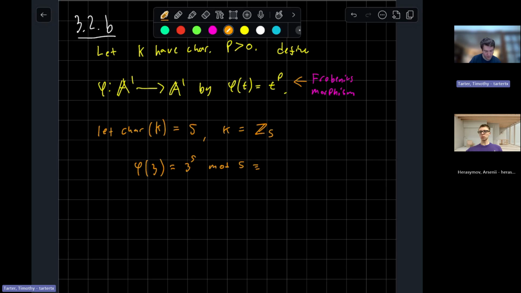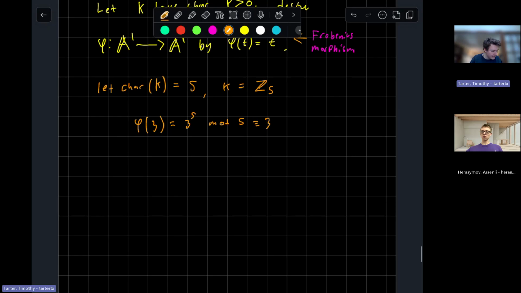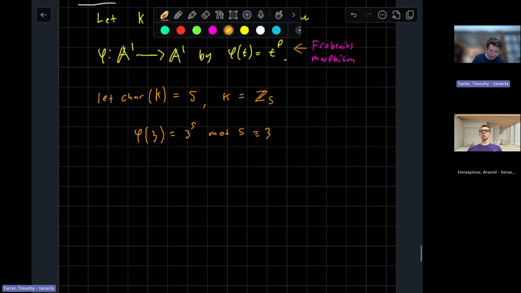Let me see, maybe we should have picked a smaller p. 3 to the 5th mod 5 is 3. And so this is bijective and bicontinuous, but not necessarily an isomorphism, because picking 3 was kind of a lucky thing. If we had picked 4 to the 5th, 4 to the 5th mod 5. Nope, hold on. I know there's got to be something which is not.